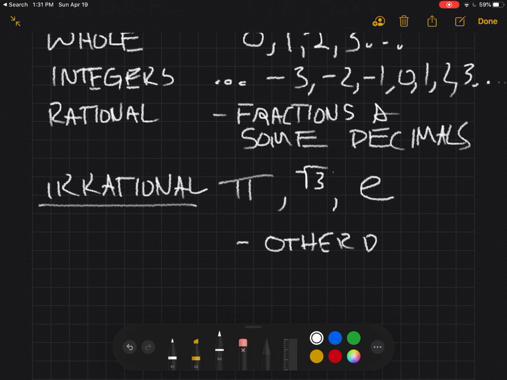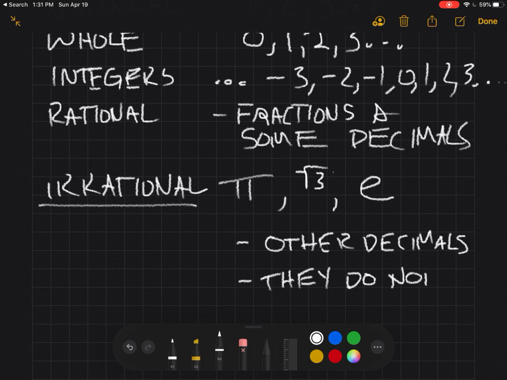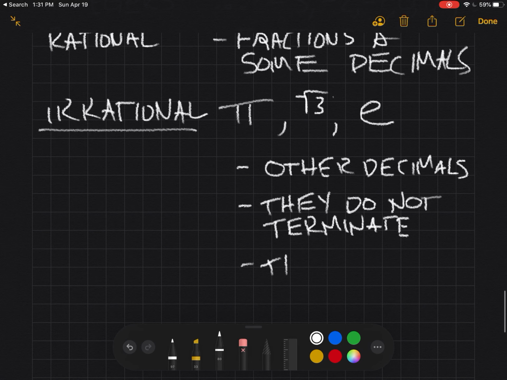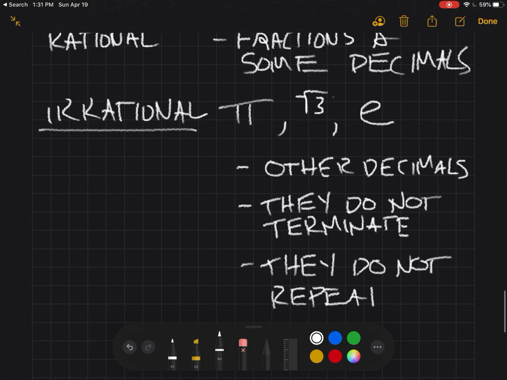We've also seen some irrational numbers. These are numbers like pi, square root of 3, the number e, which we'll talk about more. These are the other decimals. They do not terminate, they don't end.